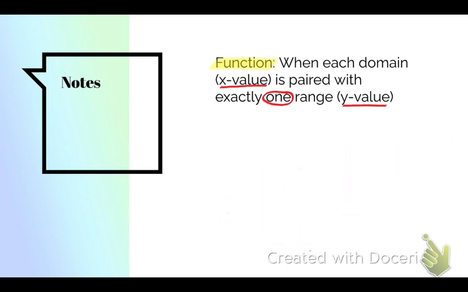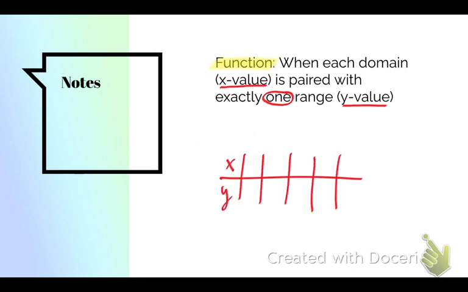Maybe we've got a table, x and y, that has 1, 2, 3, 4, and 5, and our y values are just this: 8, 8, 8, 8, and 8. Now, you might immediately look at this and say, oh my gosh, there's a lot of cheating going on, this must not be a function.